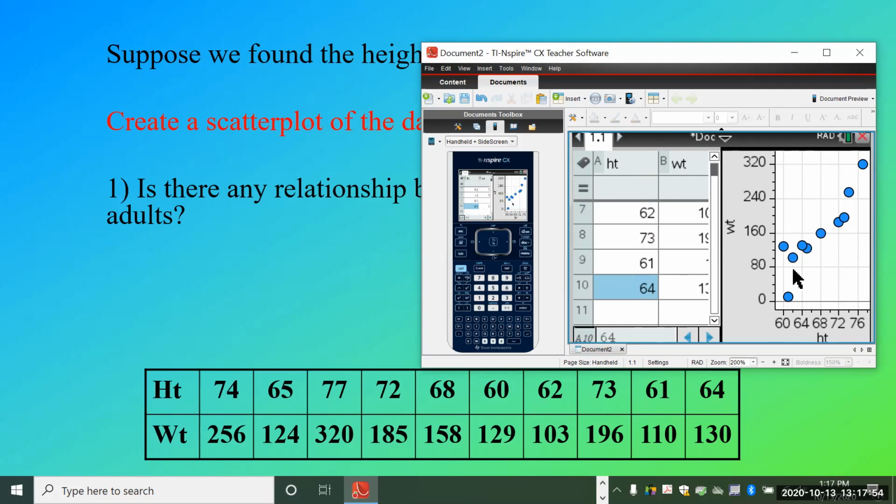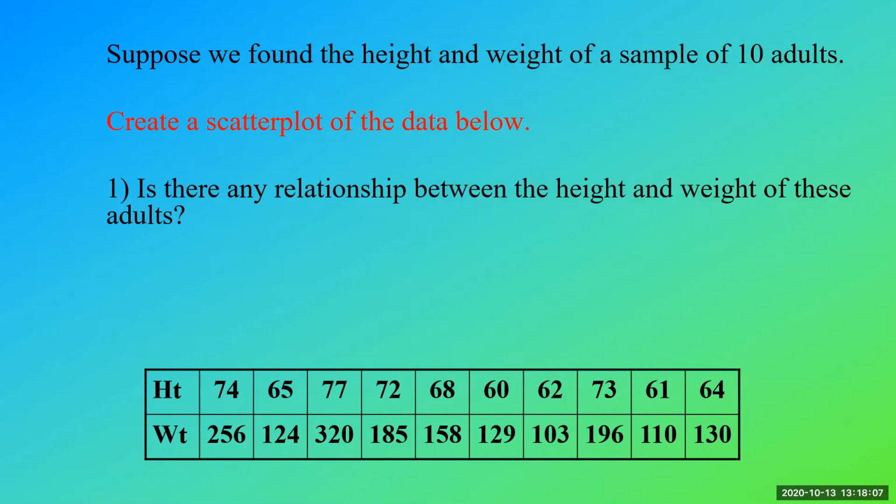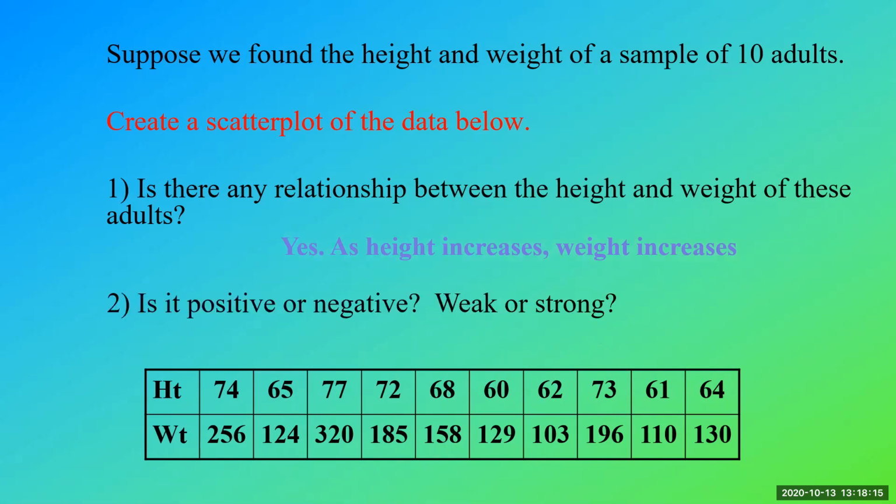And what do we notice? Definitely, if we were to draw a line between the middle of those data points, we definitely have a positive linear relationship. Okay, so height is better correlated to weight as opposed to age. So yes, we definitely see as height increases, weight increases. And is it positive or negative?